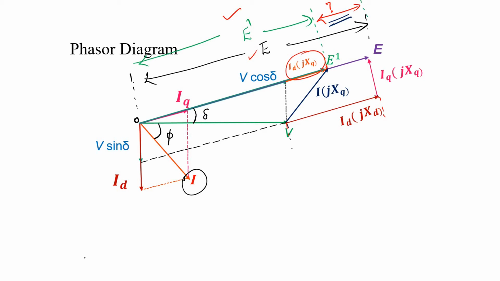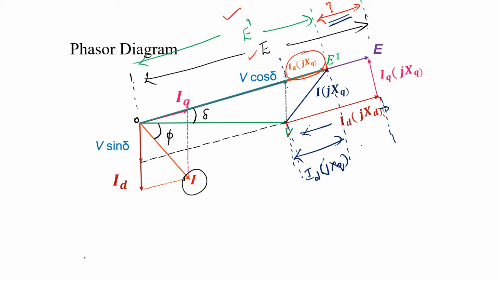If you observe here, from here to here this portion is ID into JXD, and if you extend this line till here, from this line to this line, this will be ID into JXQ.